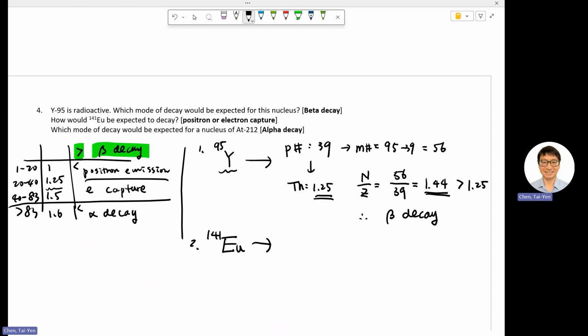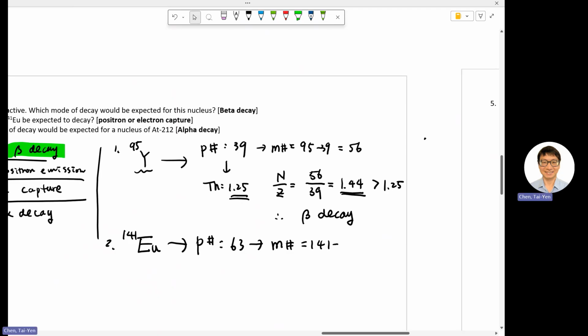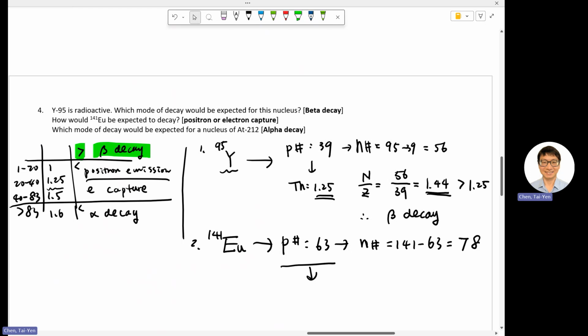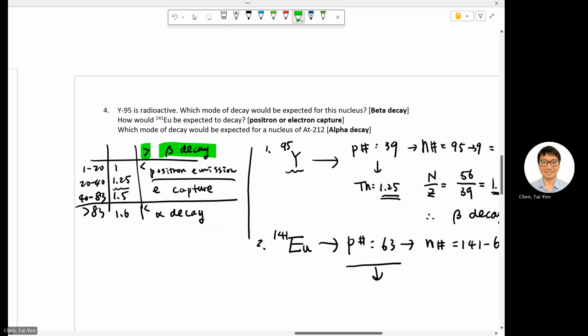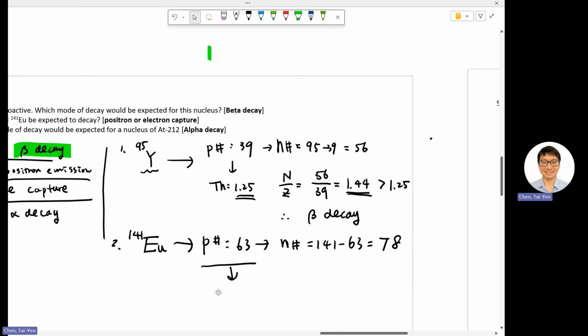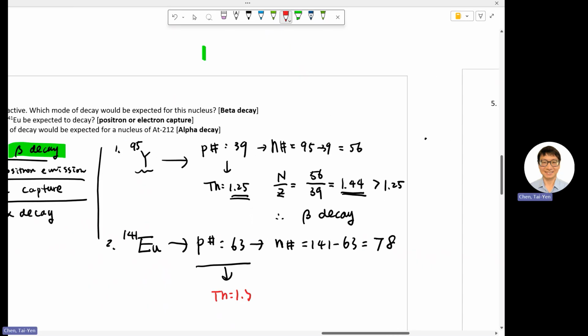Therefore, your neutron number, sorry, not mass number, neutron number, will equal 141 minus 63, which gives you 78. Since the proton number is 63, you need to use the threshold of 1.5.